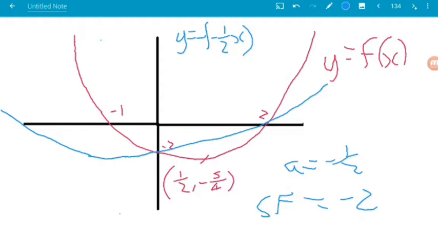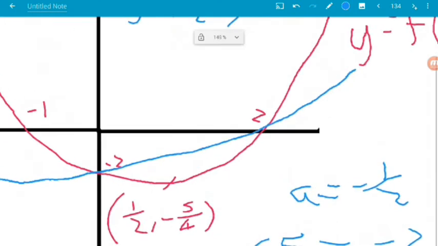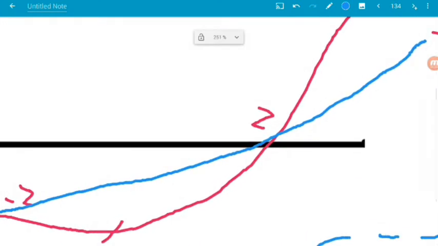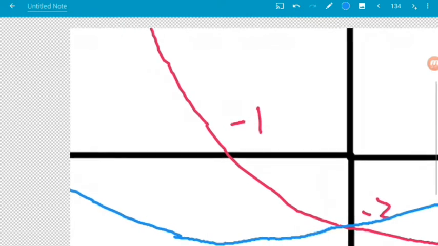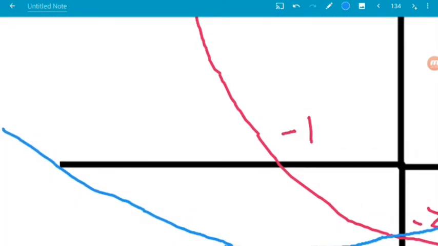Let's talk about where the coordinates come from. The point that was at +2 gets transformed to 2 times -2, so this point goes over here, which is -4.